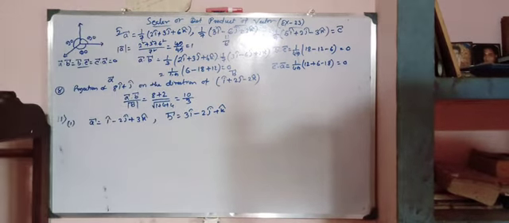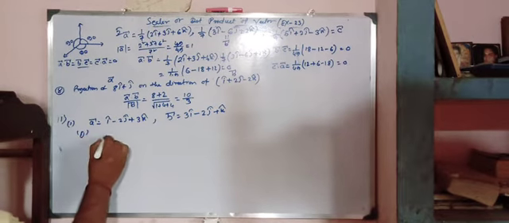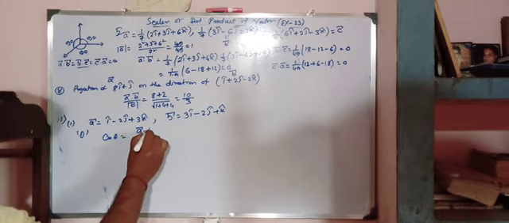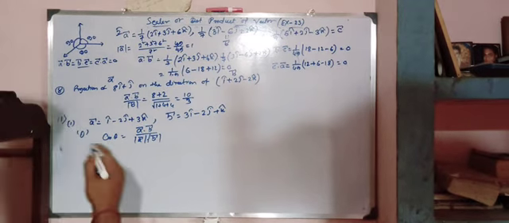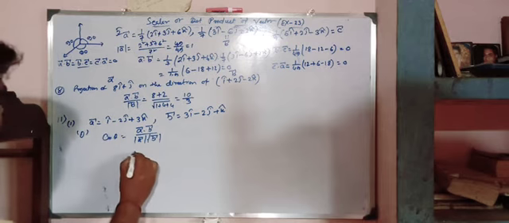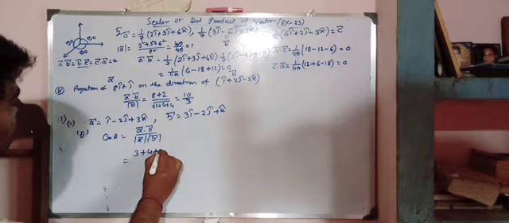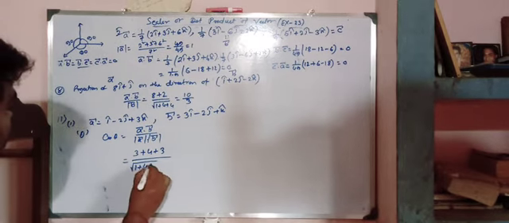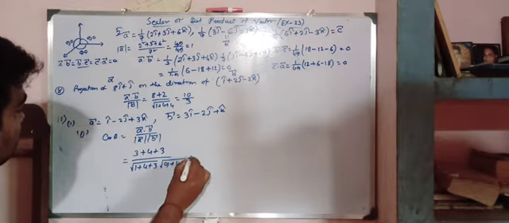Okay, so you have to find the angle between them. Let theta be the angle. So cos theta is equal to A dot B by mod A into mod B. That's equal to 3 plus 4 plus 3 by root over of 1 plus 4 plus 9, root over of 9 plus 4 plus 1.